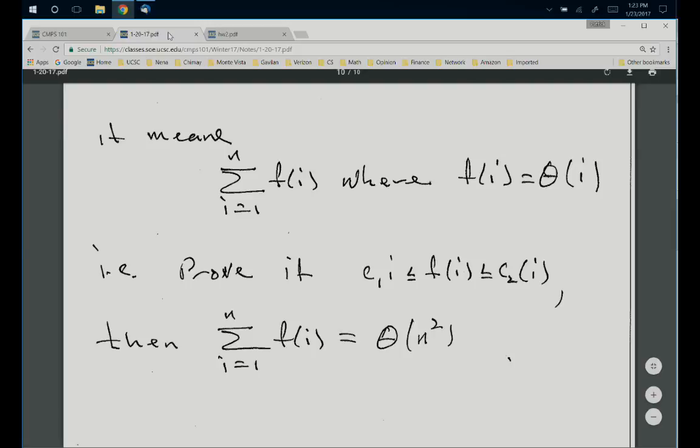A new quantified sentence, a very similar inequality, but the quantifiers are different. This is little o.